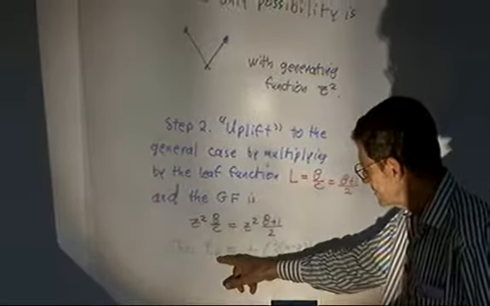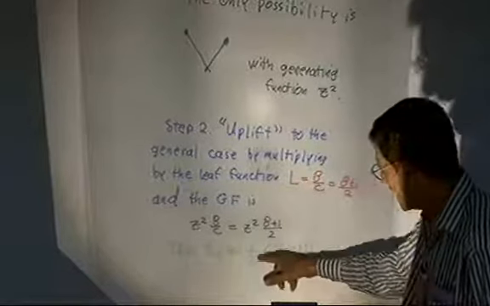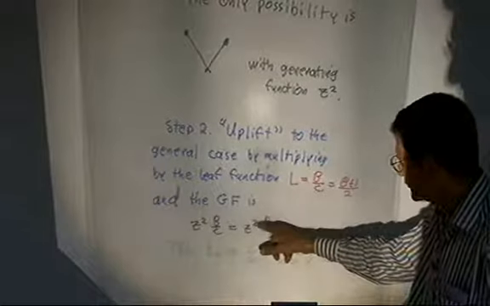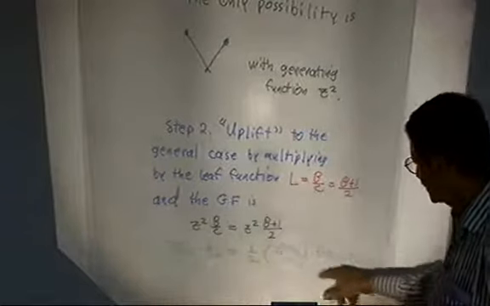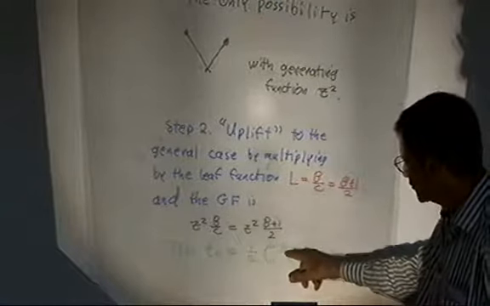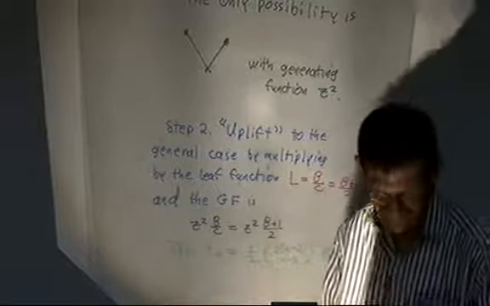The number of twigs for trees with n edges is 1/2. And that shifts us from n to n minus 2, and we have this binomial coefficient, 2 times n minus 2 over n minus 2.